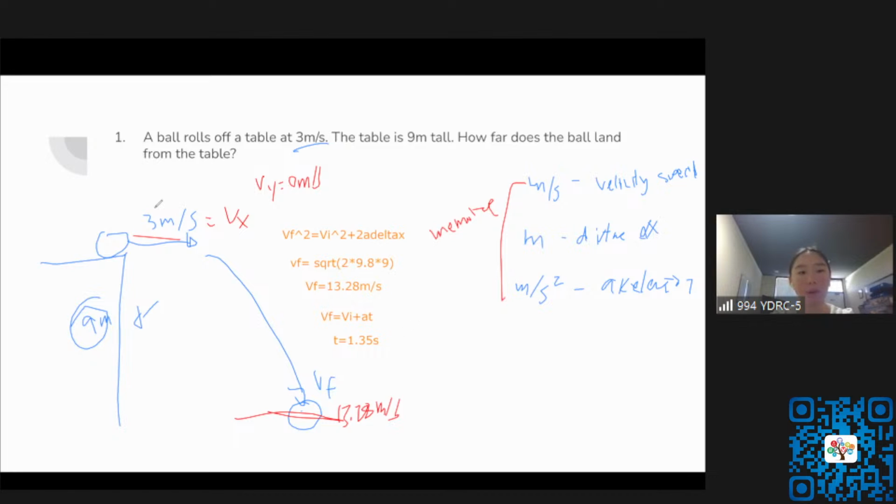Now we only care about horizontal velocity. So we multiply its horizontal velocity, 3 meters per second, times 1.35 seconds to get 4.06 seconds. I mean meters, not seconds. God, wait, hold on. 4.06 meters.